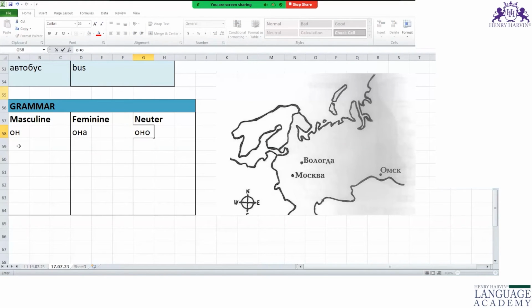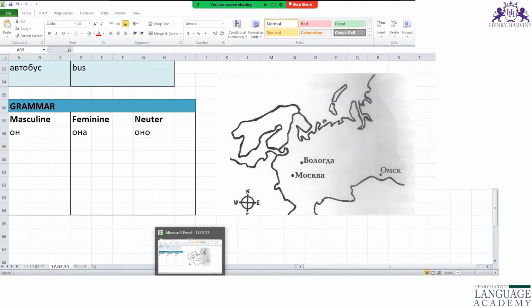Pay attention how I pronounce он, clear letter O. Она, double A. Оно, first is A, second is O. Pretend that the first letters here are A, okay, not O. Он, она, оно. Okay, done.